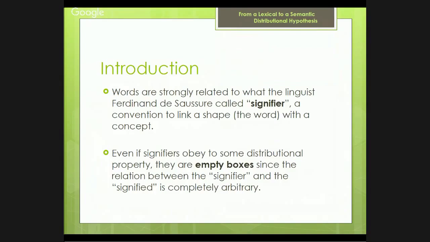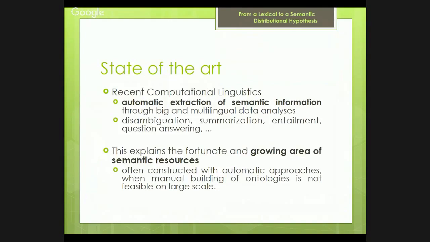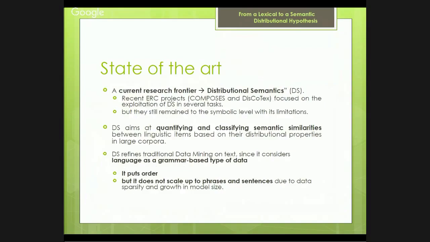But actually, words are empty boxes, and so even if they have some distributional property, and we can extract some meaning, they are empty boxes without content. Of course, these distributional analyses are used to extract semantics and applied in many tasks, and they are applied to build many semantic resources.